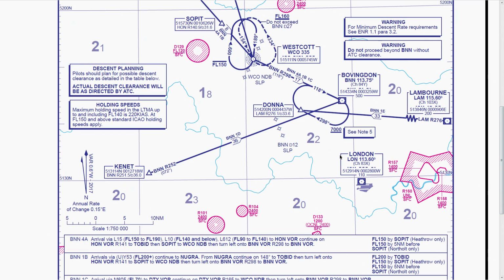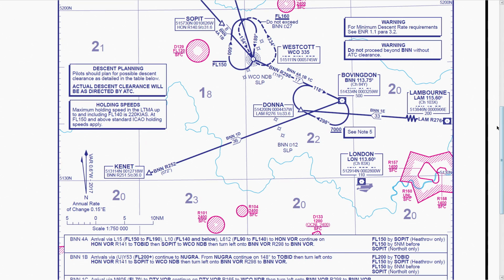So when there is a lot of traffic, there are holding points before Kennet, and there are holding points before Lambourne. At Lambourne, there's one at Sabre, I think, and there's one at Logan itself. So there are a bunch of holding points that come into Lambourne, and I think there's a holding point at Lambourne as well.